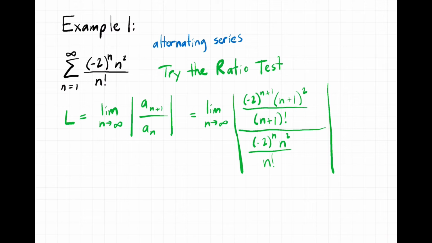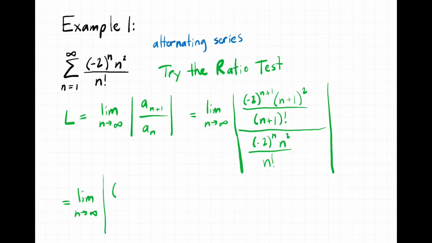What we have here is a fraction divided by a fraction. We know how to handle that. That's going to give us the limit as n goes to infinity of the absolute value of what? Well, a fraction divided by a fraction, that's actually multiplication. In fact, you could skip the step that I just wrote down and go straight to the multiplication step, because what we're really going to have here is a_{n+1} times the reciprocal of a_n.